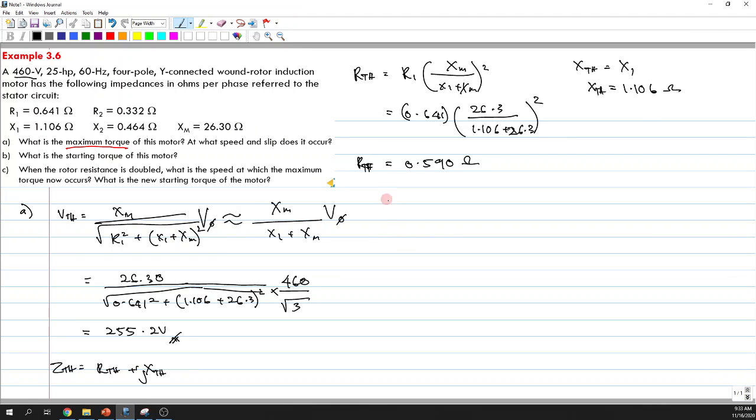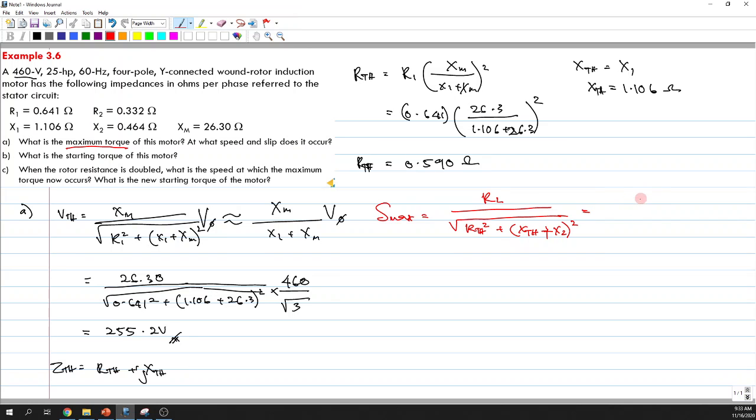Now we want to find the T max. Before that, we need to know the value of S max. Since we already know the equation, S max is R2 over the square root of RTH squared plus XTH plus X2, squared.